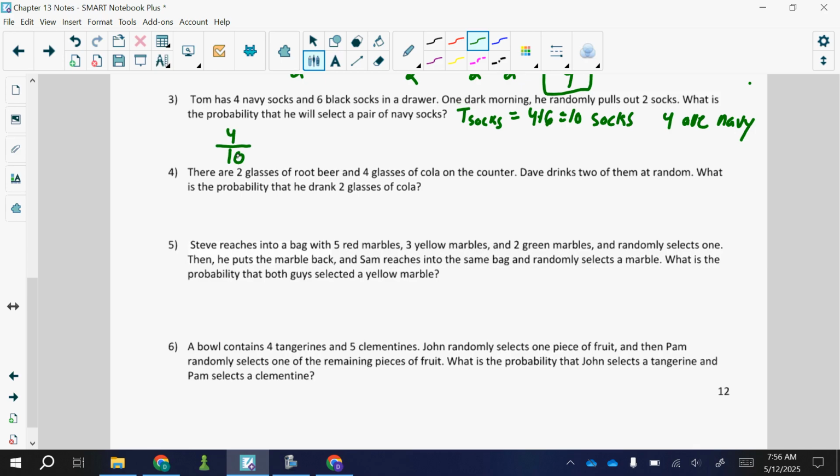For the next event, we're assuming he picks a navy sock on the first go, so now there are 3 navy socks left and a total of 9 socks, because he took one out. Multiply those together and you get 12 over 90, which reduces to 2 over 15.